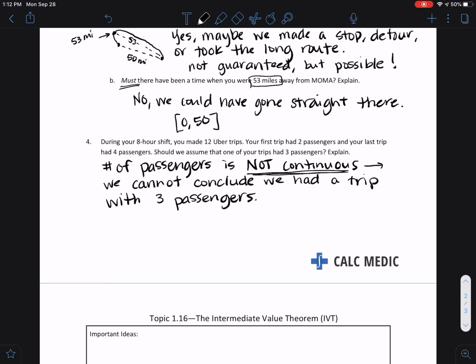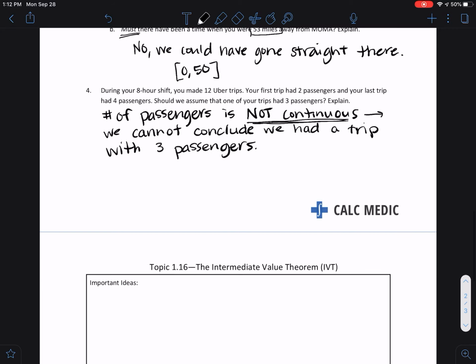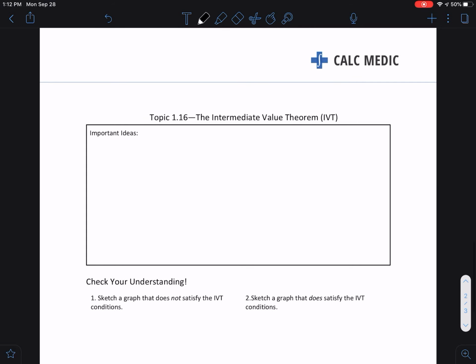So what is this going to kind of mean in terms of calculus? Well, there's a couple of things. This is where what comes into play, what we call the intermediate value theorem. The intermediate value theorem is used to say that if we have a continuous function, we can prove that those y values are going to exist in between it.